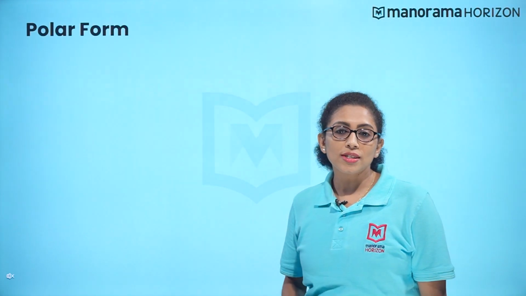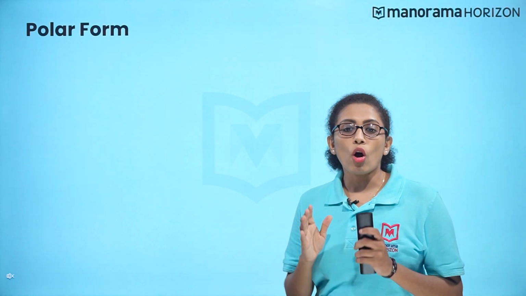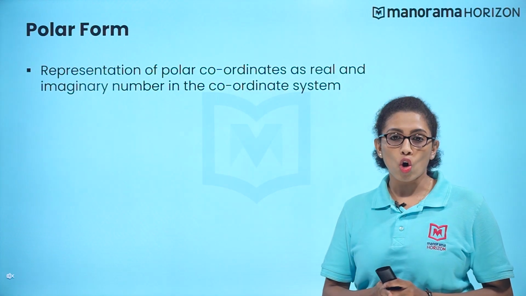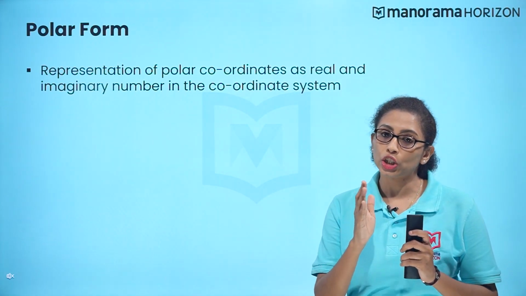Now, let us concentrate on the polar representation of the complex number. Polar form of the complex number is the representation of polar coordinates as real and imaginary numbers in the coordinate system.